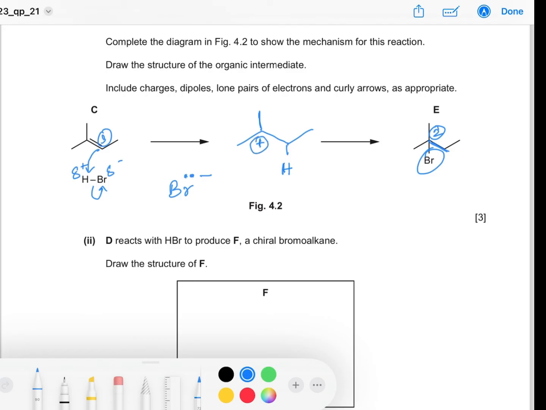This is the carbocation because it has a positive charge, and then the bromine with the negative charge will contribute an electron to this carbocation and bond with the carbon that has a positive charge to form the final product.